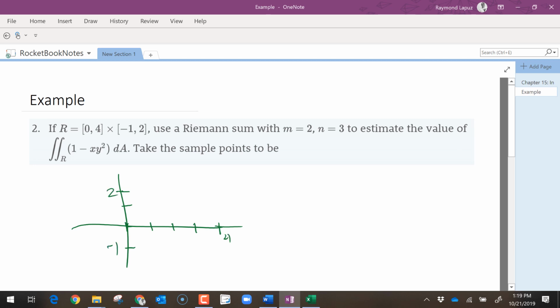So this is my rectangle, and I want to find the double integral of this function over this region. And then they want us to break M up into 2. So I'm thinking M is your X values.